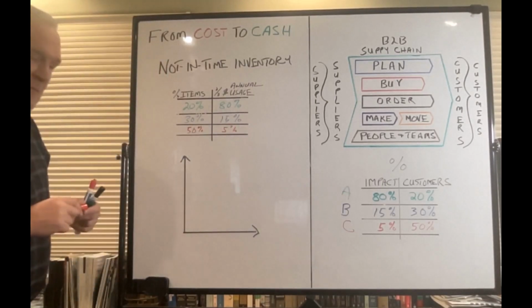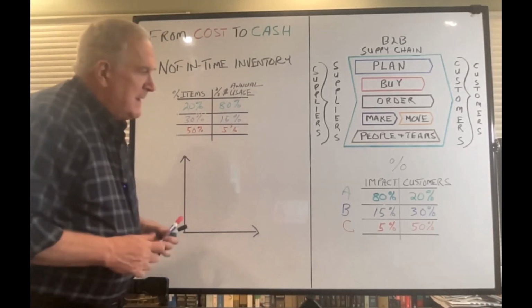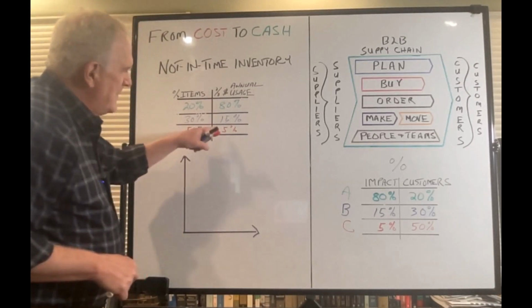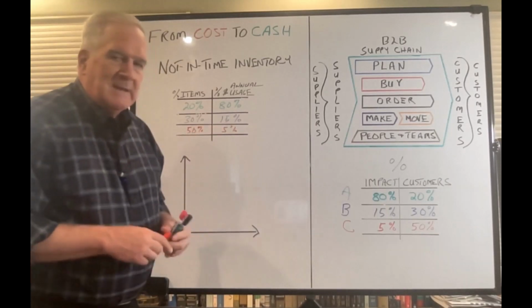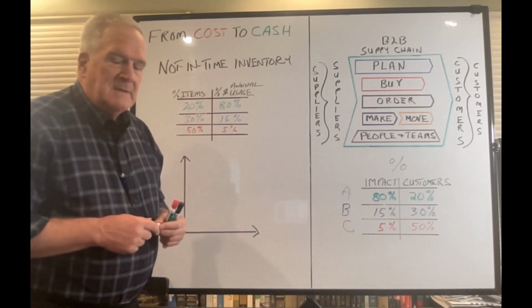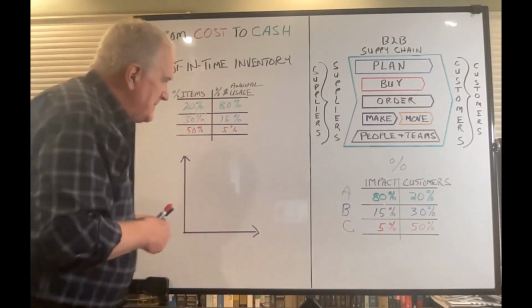Now that doesn't mean they're low value items, because one of these items, even though it's a small dollar impact over here, if you're out of it when you need it, can have a huge impact. So we want to take a look at each of these segments.